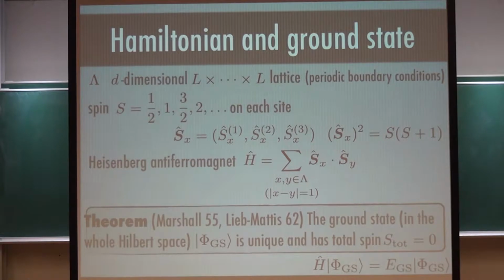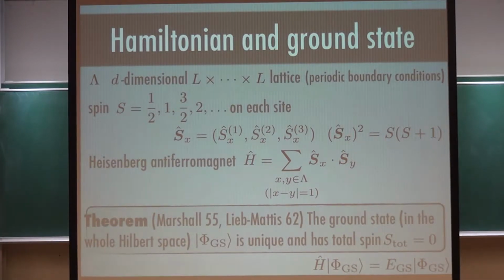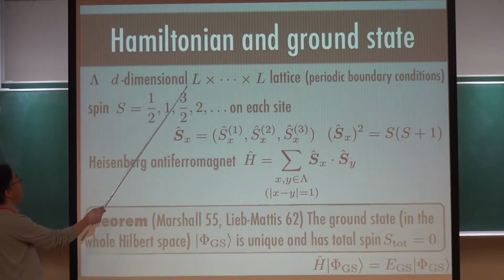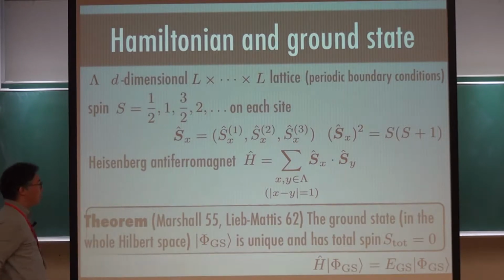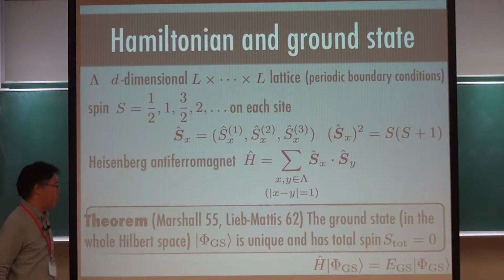And first, this is a fundamental basic theorem concerning this model, which was proved by Marshall, Lieb, and Mattis. And it says that for any finite L, the ground state in the whole Hilbert space of this model, which I denote by phi ground state, is unique and has total spin 0.